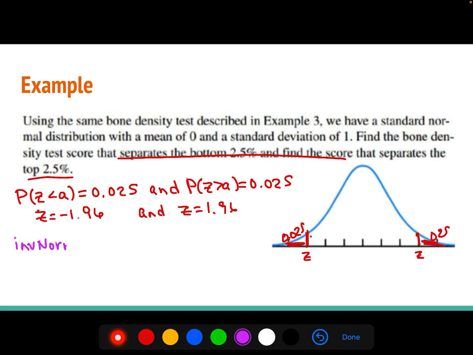Or we could use our calculator and do the inverse norm. And our area is 0.025, 0, 1, and left.